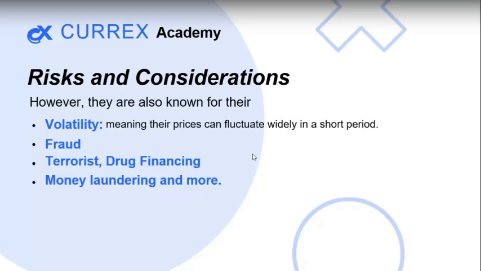So please take note: your cryptocurrency address. They don't know who that person is. So there are millions of addresses transacting on the visible ledger, but nobody knows who is who. So it can also be used for money laundering and more. These are the risks you should look out for when trading cryptocurrency.